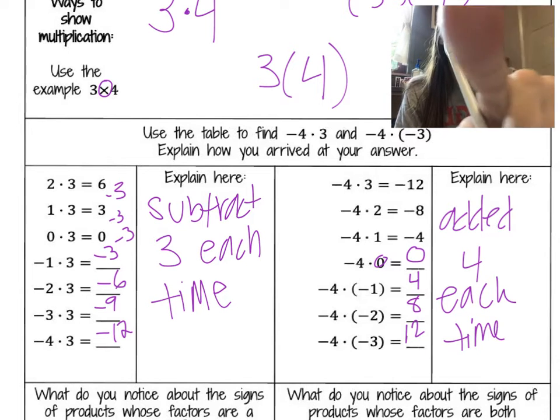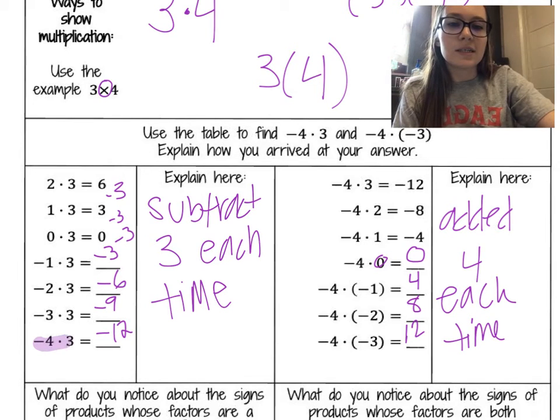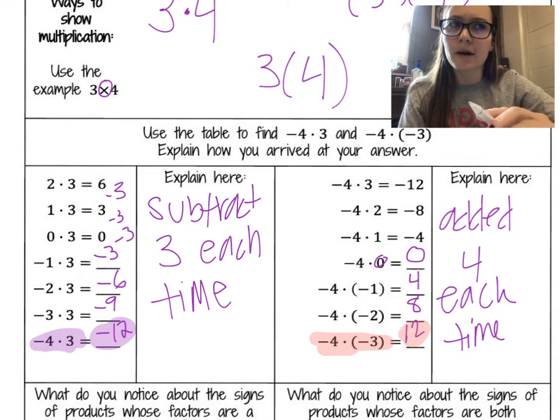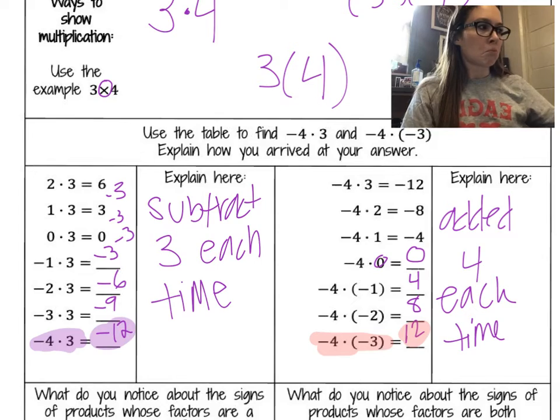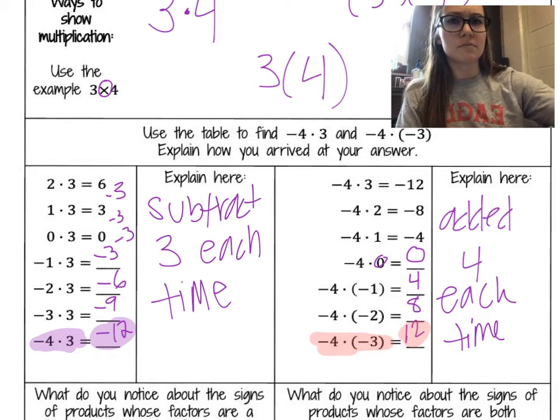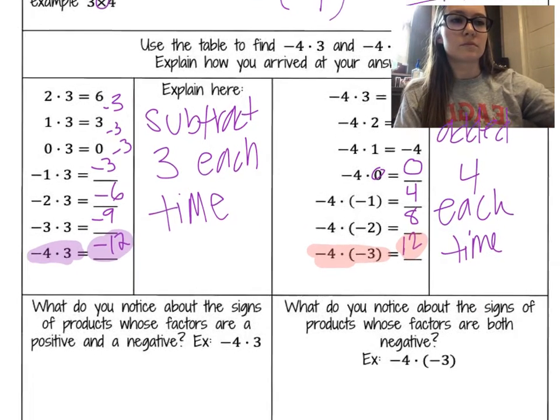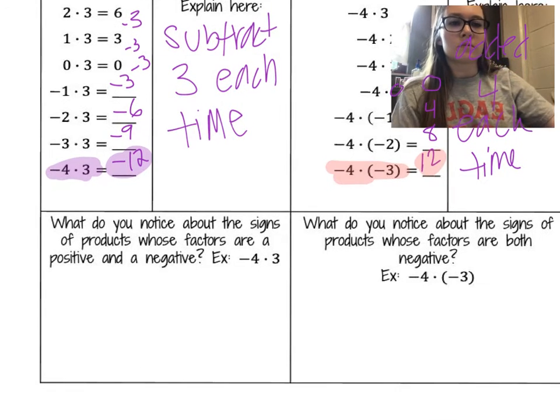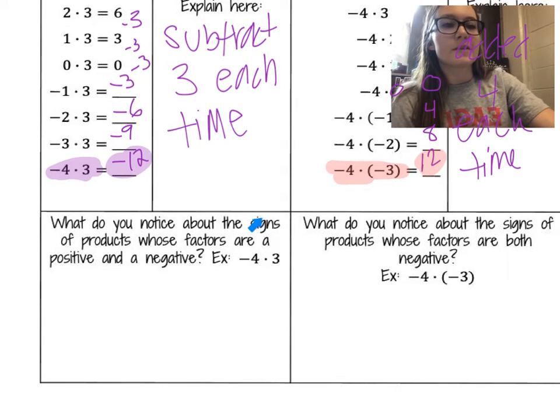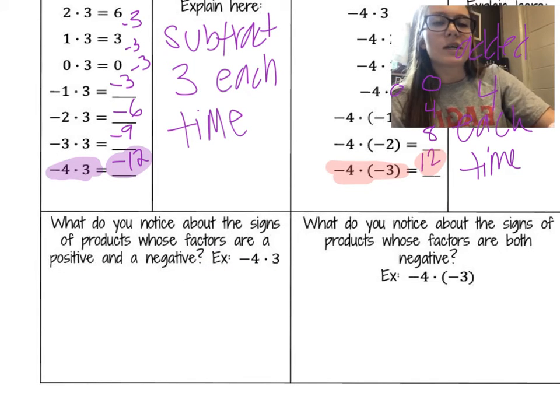That's really interesting. I see that a negative times a positive was a negative, and a negative times a negative ended up being a positive. So let's write about that. What do you notice about the signs of products whose factors are a positive and a negative? It's like -4 times 3.